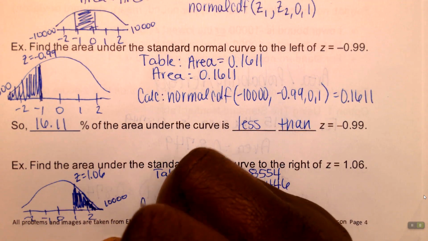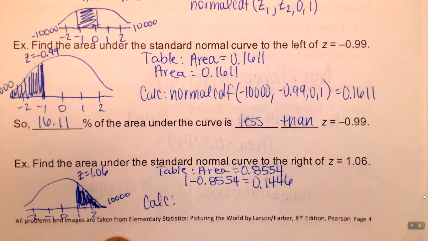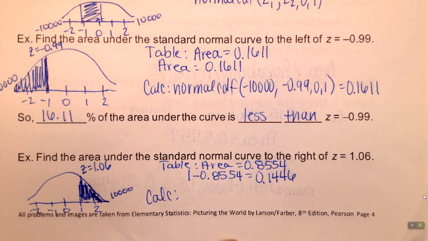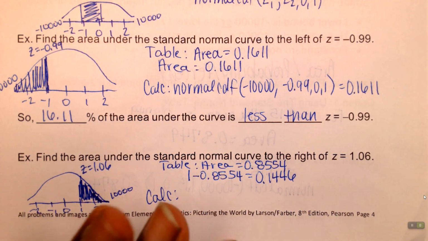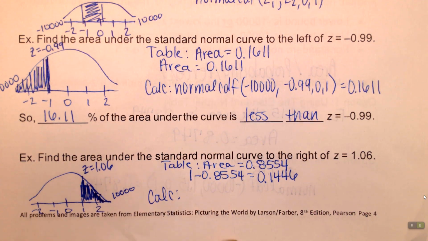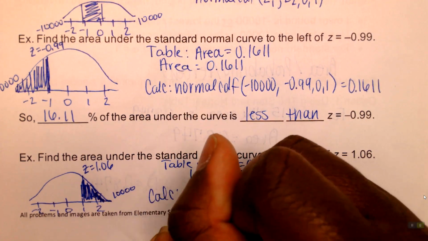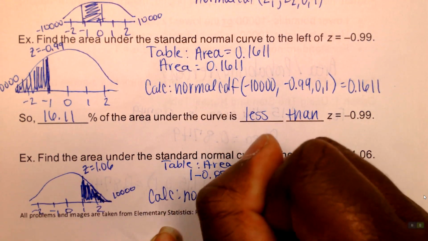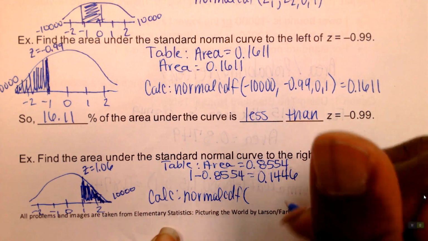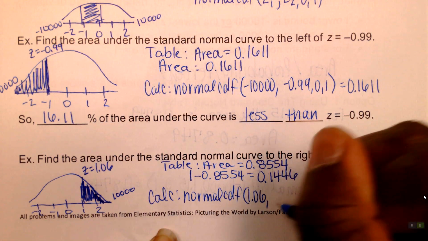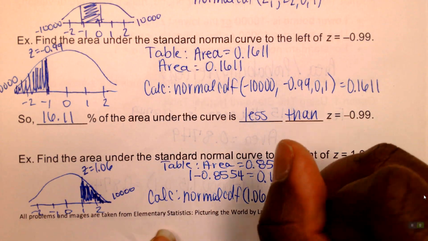Now the calculator, again, you could do the 1 minus with the left, but I'm going to put it in just like I see it on my graph. 1.06, 10,000.